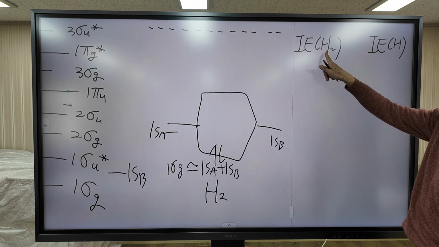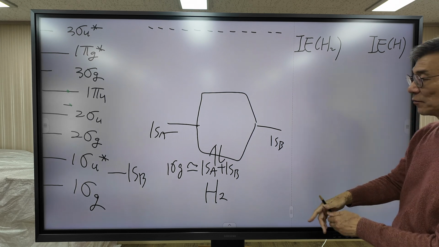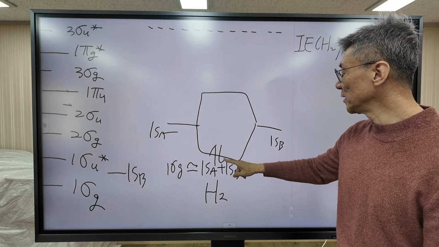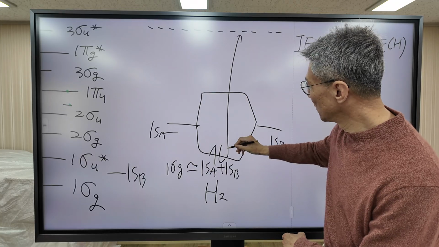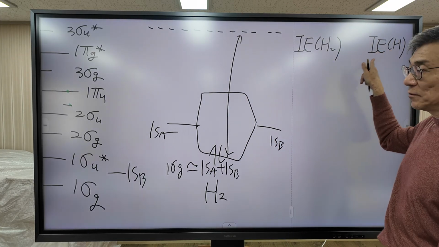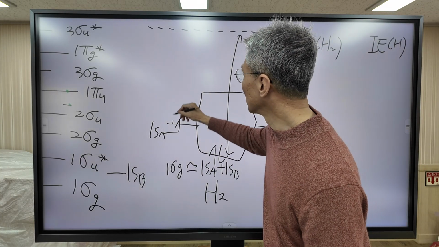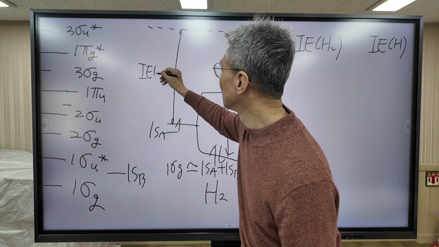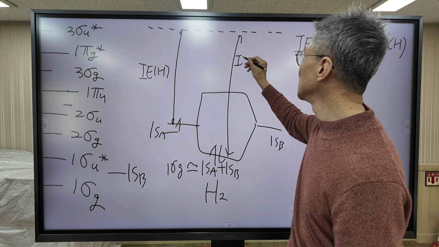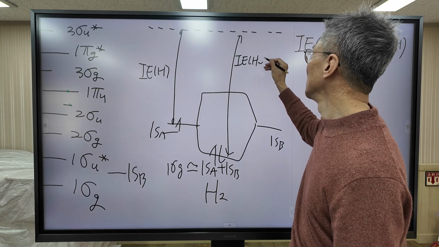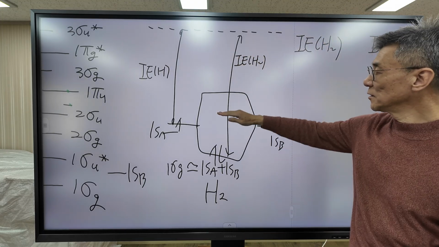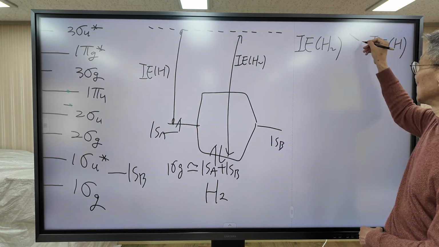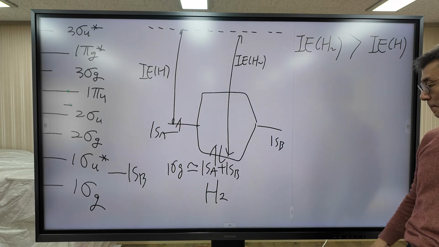In this case, the electron is removed from the bonding orbital, so this is the ionization energy of the hydrogen molecule. For the hydrogen atom, the electron is here, so this is the ionization energy of hydrogen. As I said before, the bonding orbital is lower than the atomic orbital, so the molecule's ionization energy is larger.